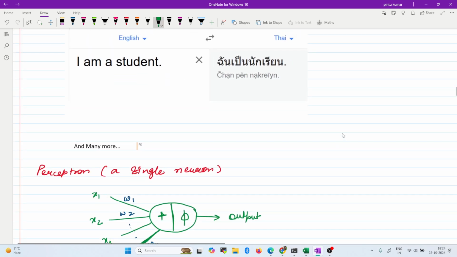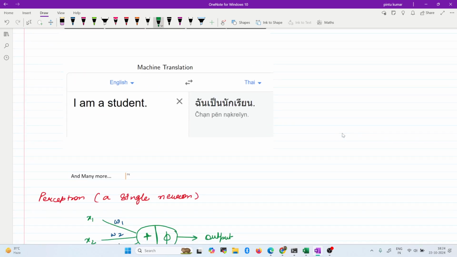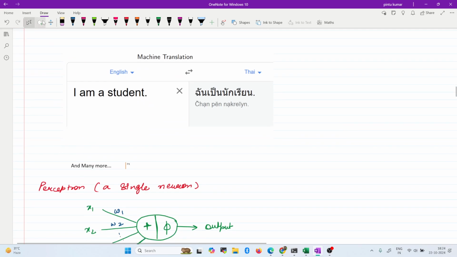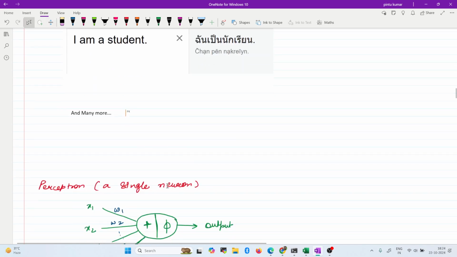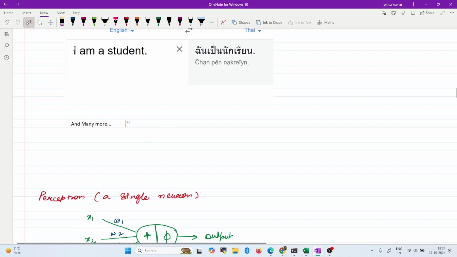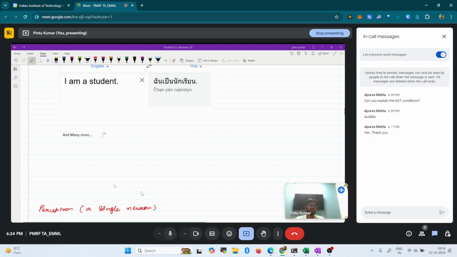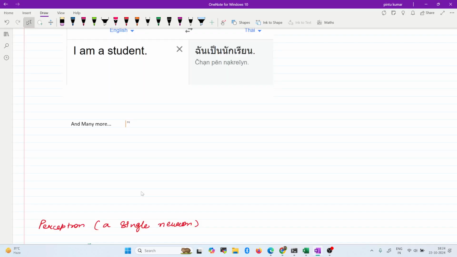So what was the idea behind this deep learning model? What we say is this was inspired by the structure of neurons in our brain. This is what people say. So what happens in a neuron in our brain?